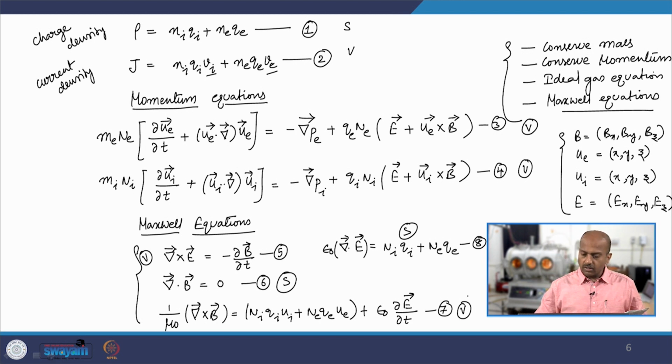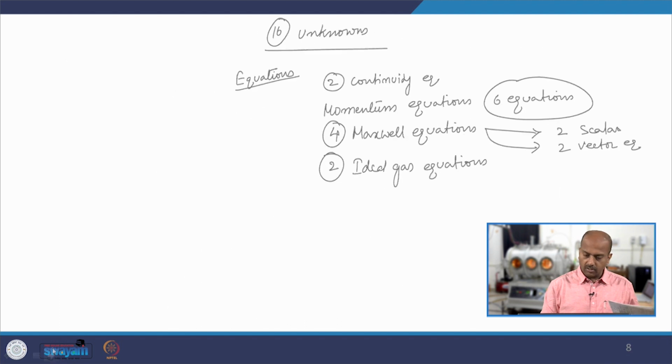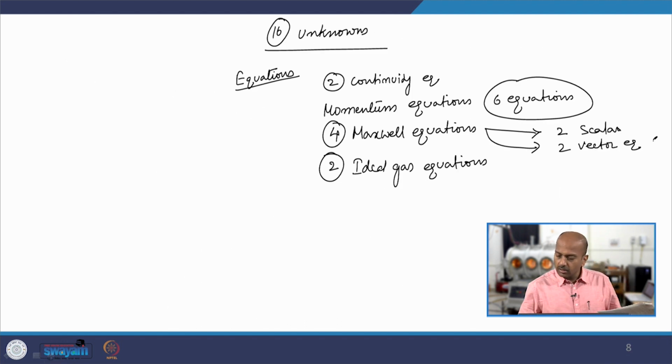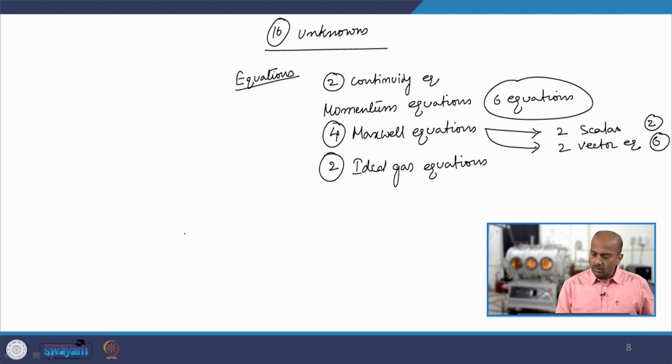Two vector equations, upon splitting, give you 6 equations, plus 2 scalar, so 8. In total, 2 for the continuity, 6 for the momentum, 8 for the Maxwell equations, plus 2 for the ideal gas equations. So we have 18 equations in total. Fine.